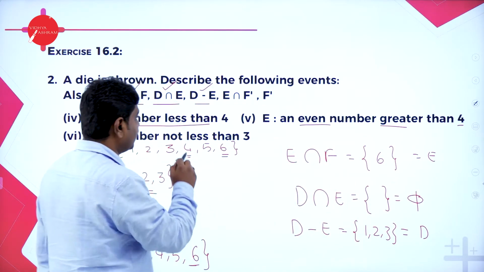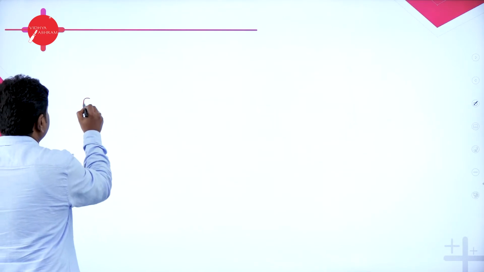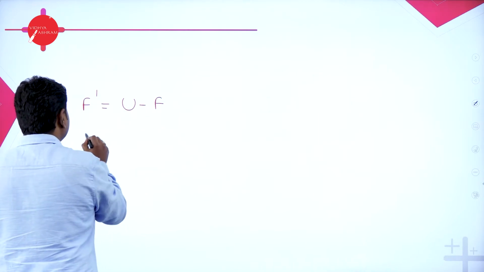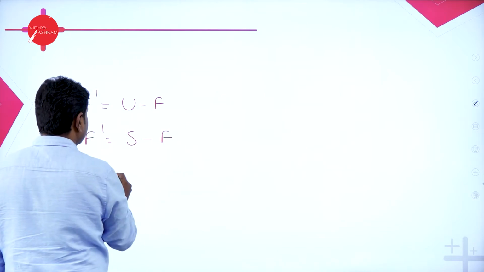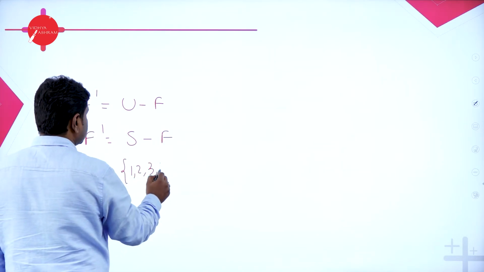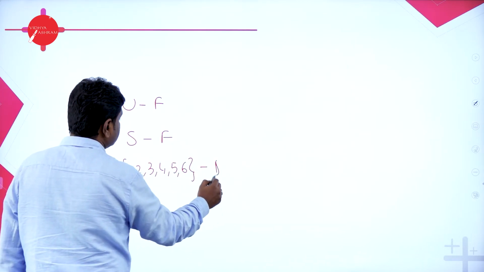E intersection F dash. First we need to find F dash. What is meant by F dash? In set theory we say U minus F. Here U means the universal set, that is the sample space. Sample space minus F. What is the sample space? 1, 2, 3, 4, 5, 6. In this you should remove F. What is F?